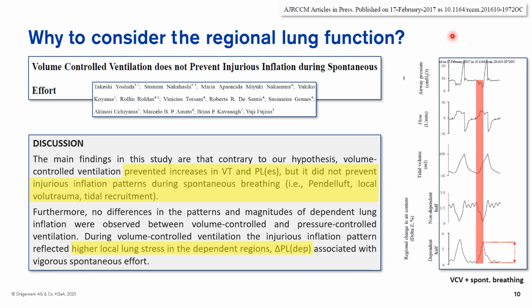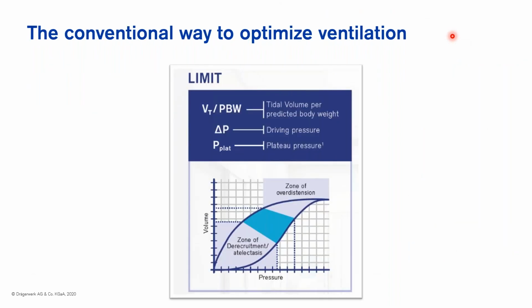And if we also look at the conventional way to optimize ventilation, we usually use global parameters. We refer to the compliance value, the tidal volume value, and, if available, the transpulmonary pressure and inspiratory pressure.